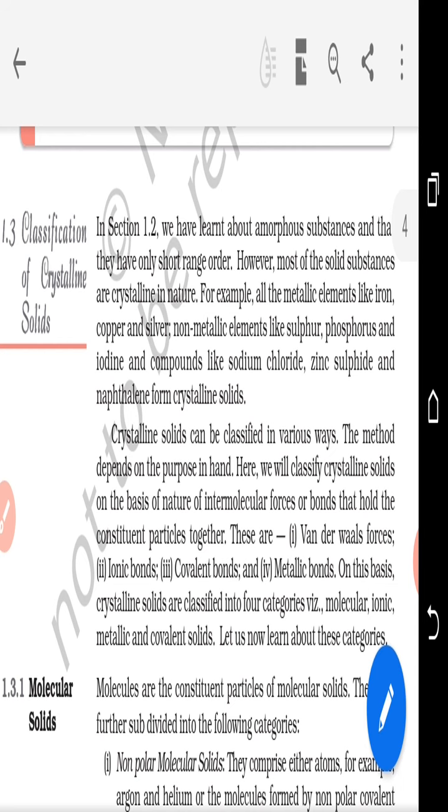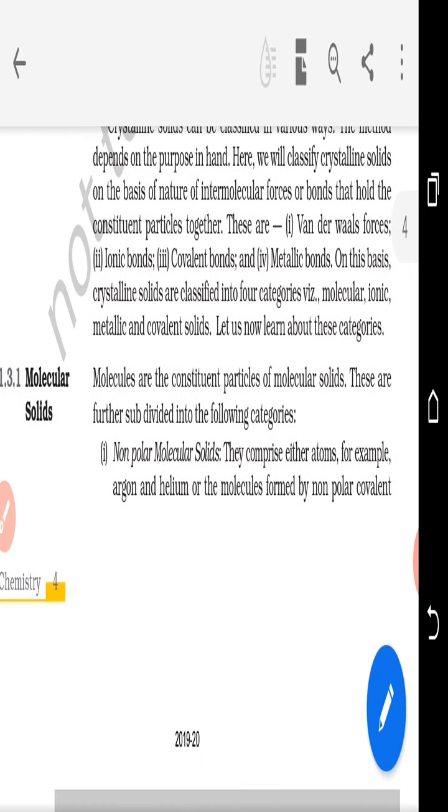These intermolecular forces can be van der Waals forces, ionic bonds, covalent bonds, or metallic bonds. On this basis, the crystalline solids can be classified into four categories, that is molecular, ionic, metallic, and covalent. We will study these types of solids one by one. First type is the molecular solid.